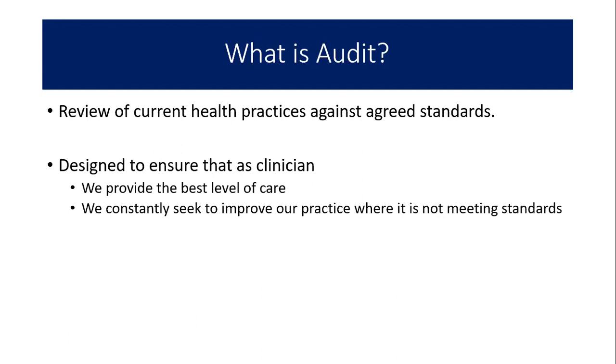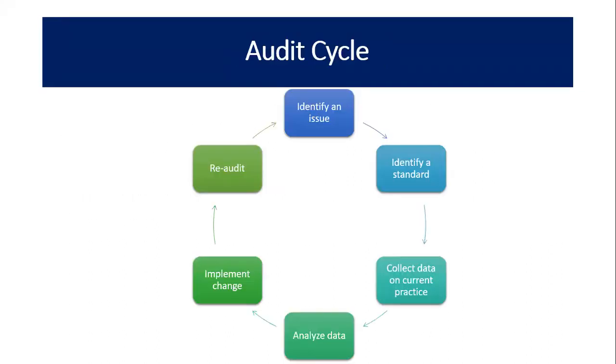If instrumental delivery rate should be about 10 to 15%, and we are doing 1% instrumental delivery rates, we ask ourselves, why are we out of target? So that is what audit is: current practice against an agreed standard. And it's designed to ensure that as clinicians, we provide the best level of care and we constantly improve our practice where it is not meeting the standards.